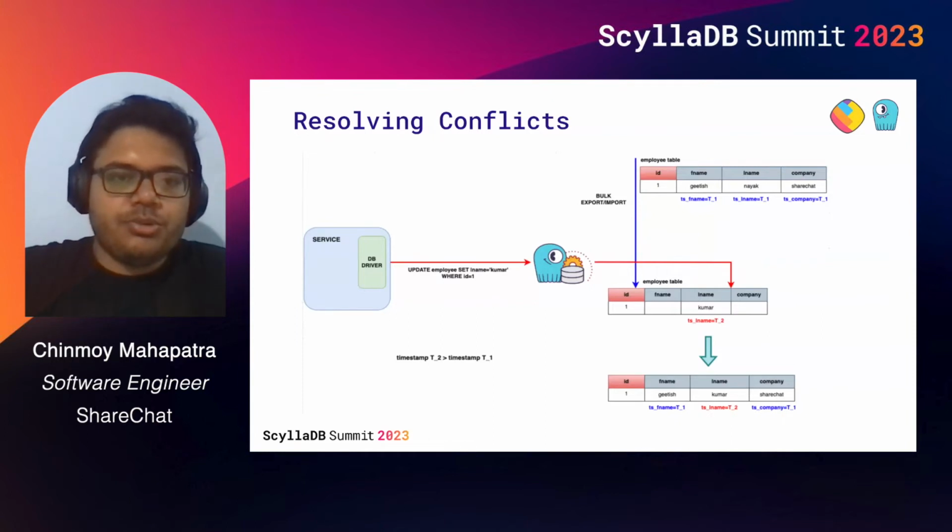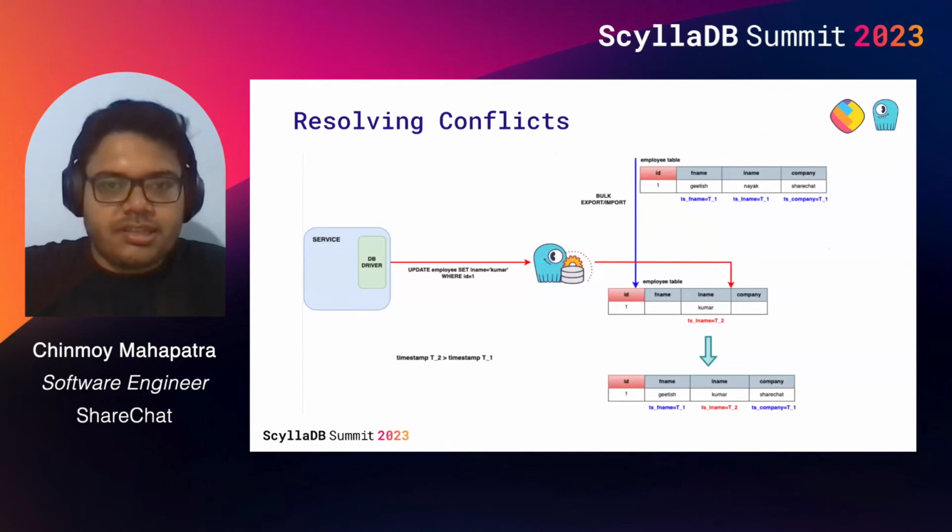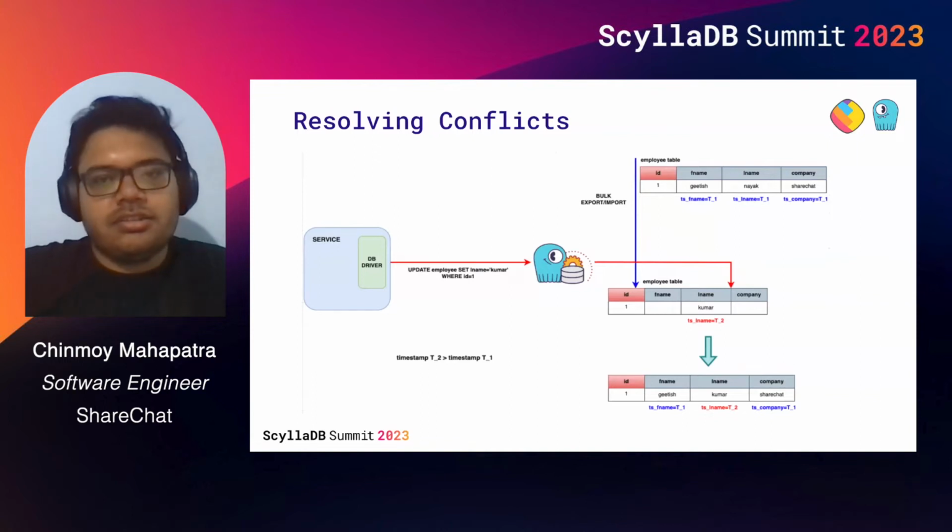Now, what we used is Scylla's last write wins. For each of the cells that we have, which is for each of the columns, there is a time at which the data was written, and whatever was written later is finally stored. So in this case, since L name was updated later by the dual writes by the service, that stays in the final data.